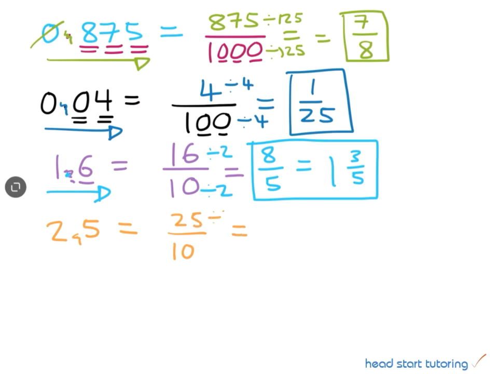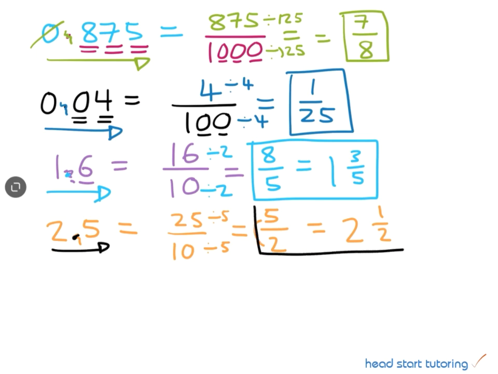We divide 25 by 5 and 10 by 5, and we end up with 5 over 2. 5 over 2 can be converted into a mixed number, and that mixed number will be 2 1/2, because 2 fits into 5 twice, with a remainder of 1 over 2. So 2.5 as a fraction will be 5 over 2, or 2 1/2 as simplified fractions.